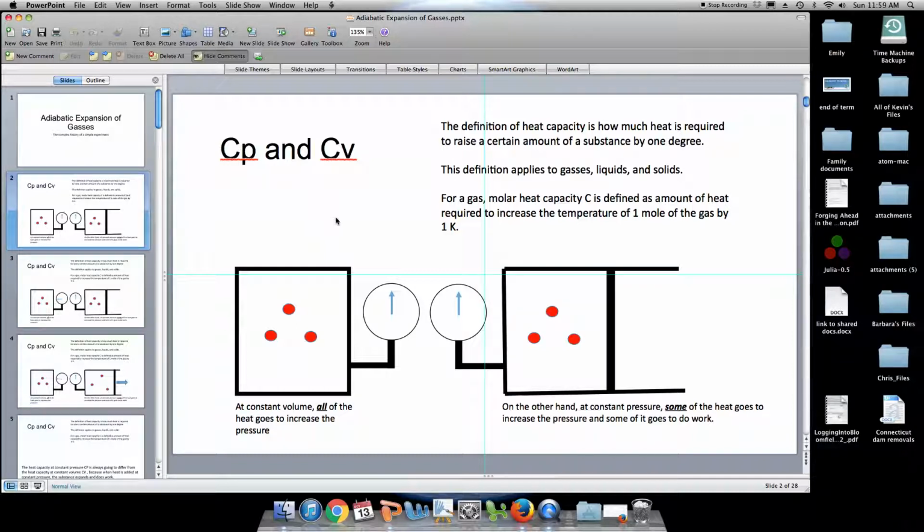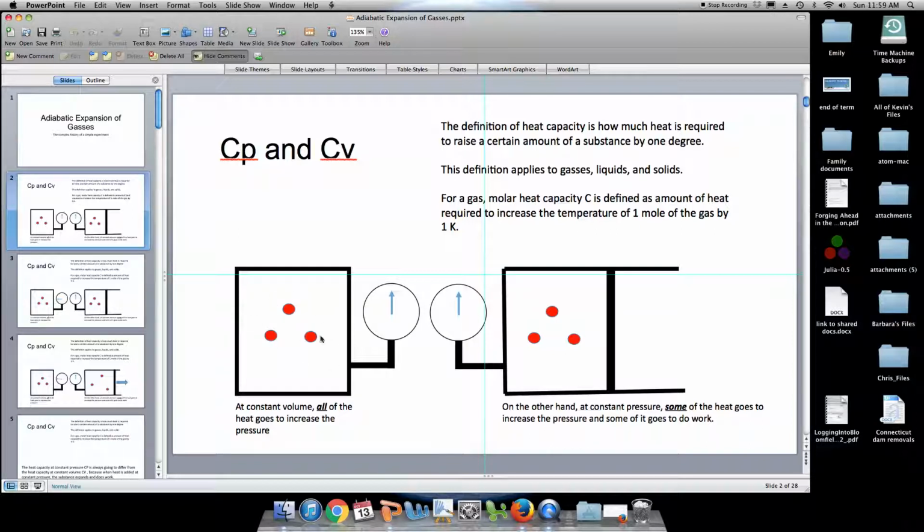Now, there are two ways we can think about this molar heat capacity: the measurement at a constant pressure and the measurement at a constant volume. So let's consider the constant volume first. We've got a container, it is sealed, there's a gas inside, and the volume of this container is fixed.